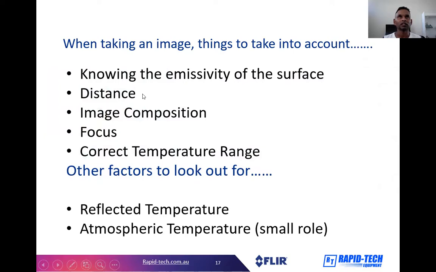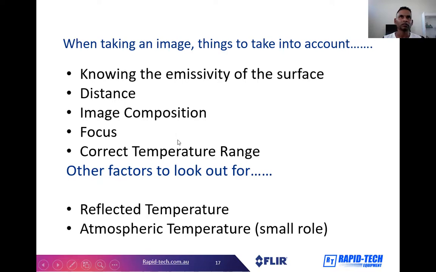Obviously the distance, which has to do with something I'm not going to touch because it's a bit more complex to understand. It's something called milliradians, and that comes back to resolution. So it's a distance to take into account.